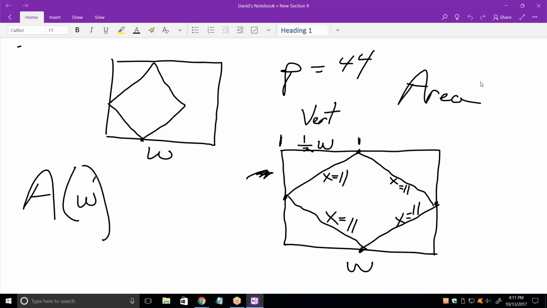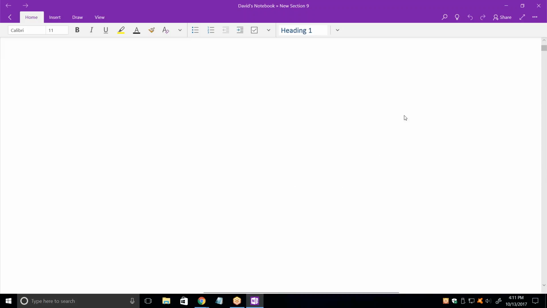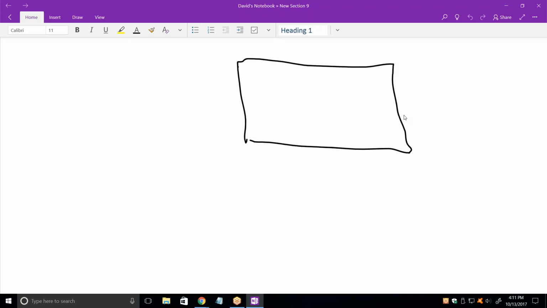Well, I got that wrong then. Here, let's go back and redraw our picture here. Yeah, that I think might make the difference. Okay, there's our rectangle that's W wide. There's our midpoints. So here's our rhombus.